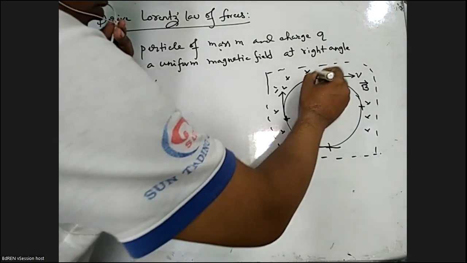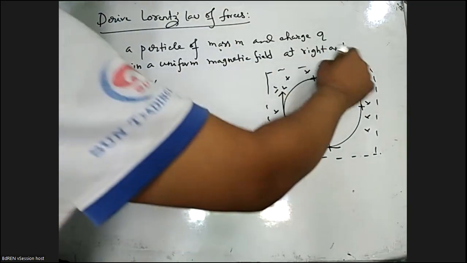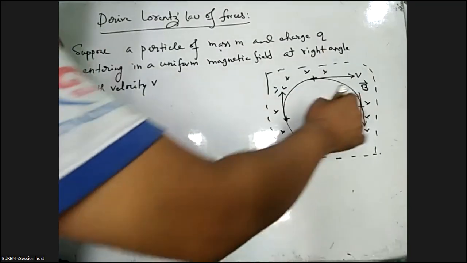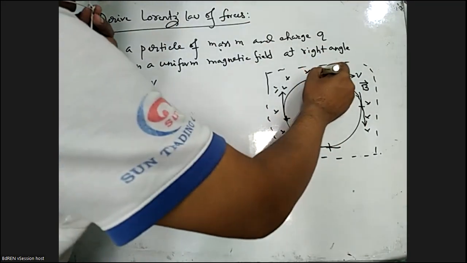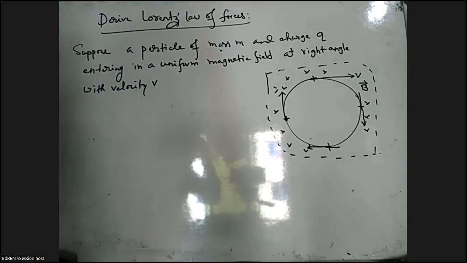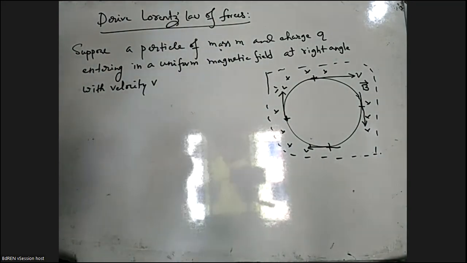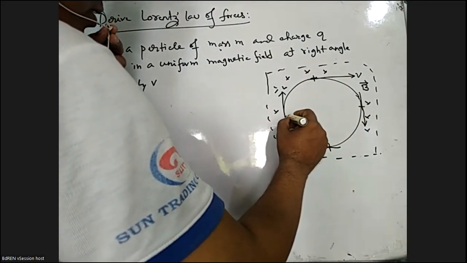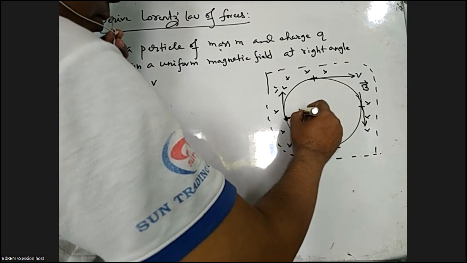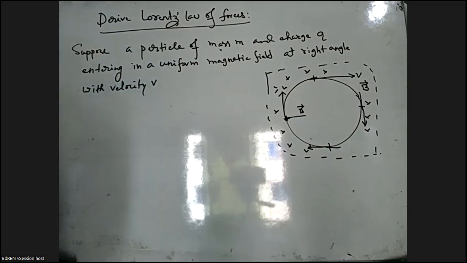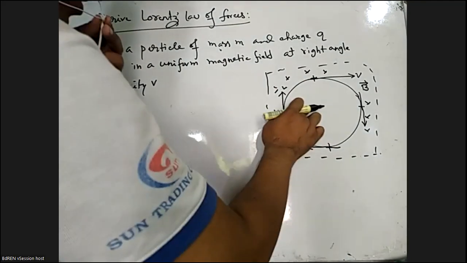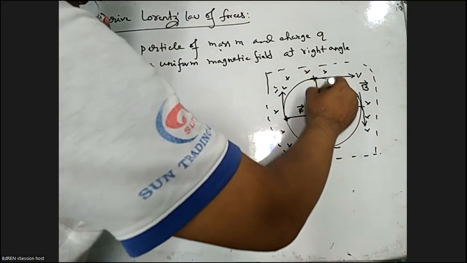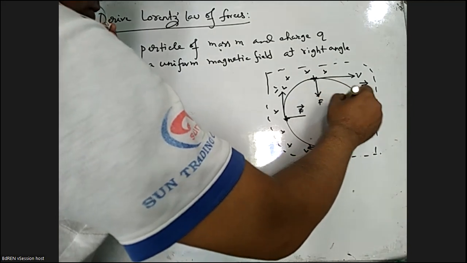So centripetal force will be created for this, with the rotation and velocity of the vector field. Remember that this is the direction of B. The force can be denoted by F, and this force acts perpendicularly.